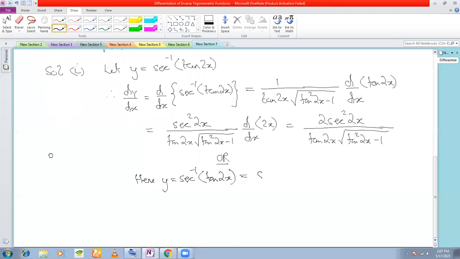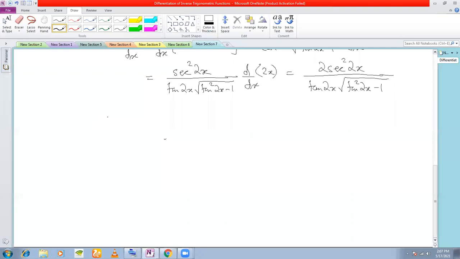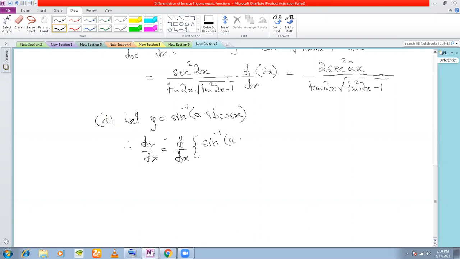So the next one is sin inverse(a plus b cos x). Again, direct differentiation. dy/dx is d/dx sin inverse(a plus b cos x).